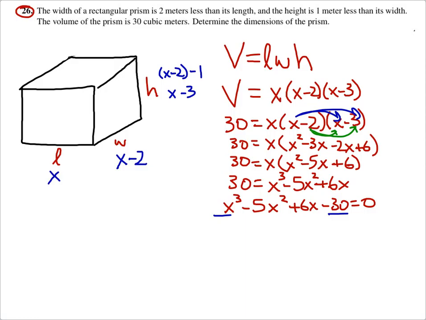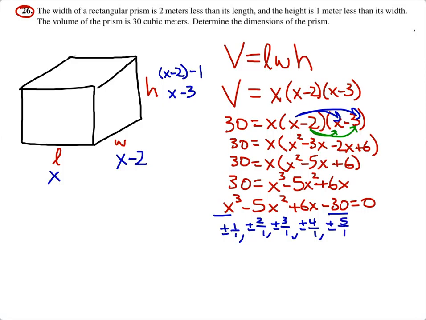It's nice that the leading coefficient is at least 1. So the numbers we should be worried about are plus or minus 1 over 1, plus or minus 2 over 1, plus or minus 3 over 1, plus or minus 4 over 1, plus or minus 5 over 1.